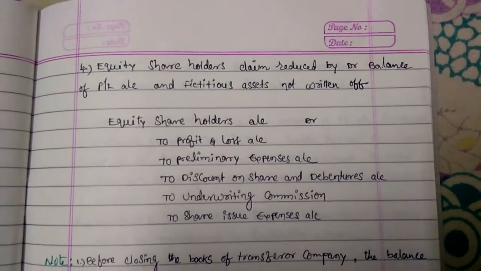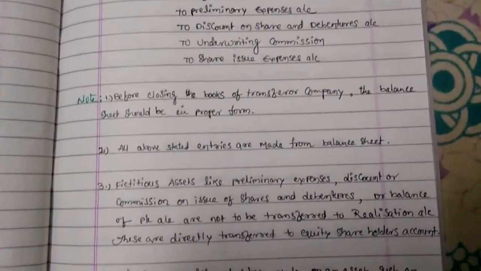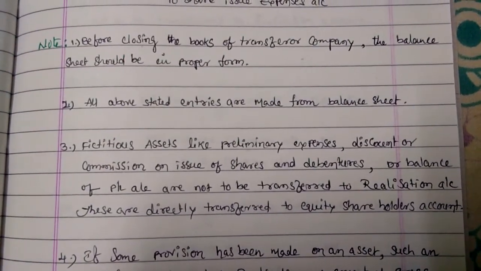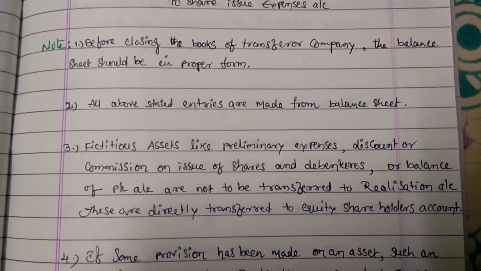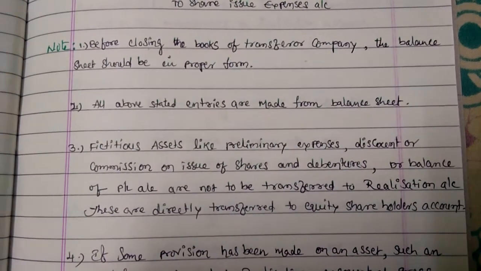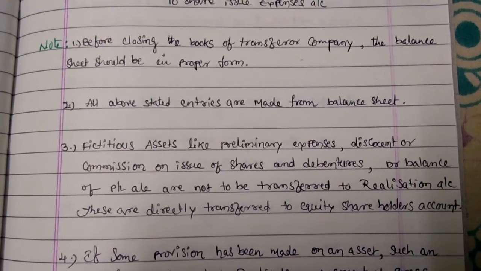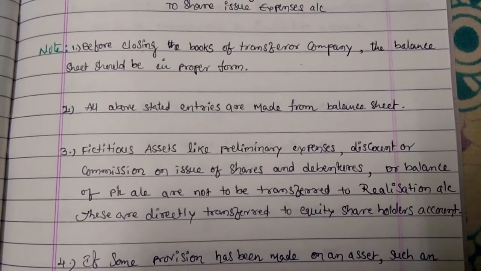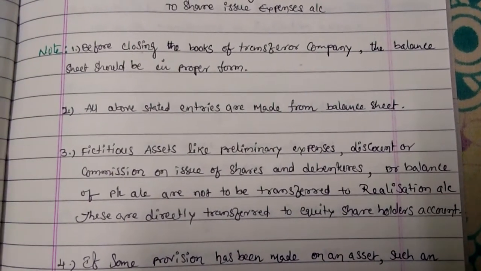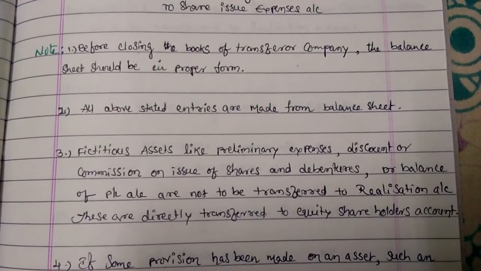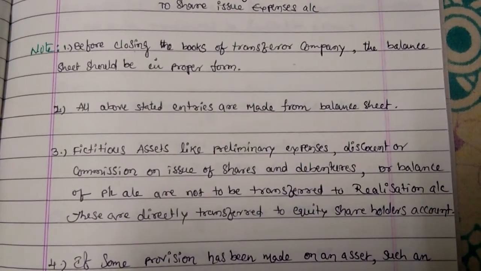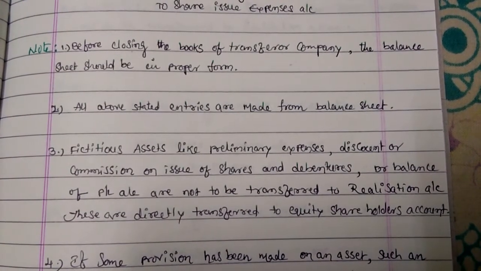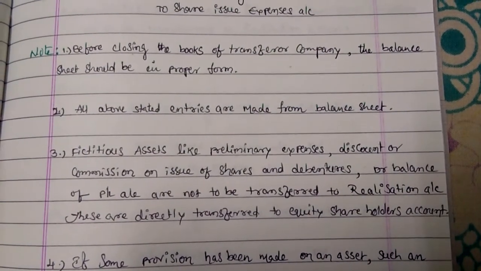For these four entries we are giving complete note points. Why? Because these four are taken from the balance sheet. For balance sheet closing purposes, the first point is that before closing the books of the transferor company, the balance sheet should be in proper form.